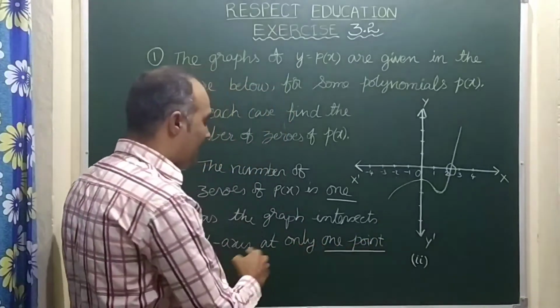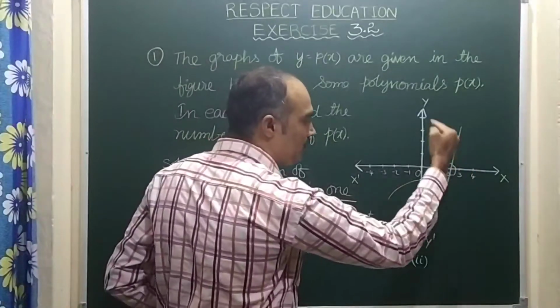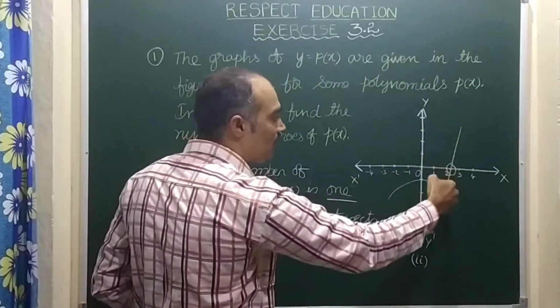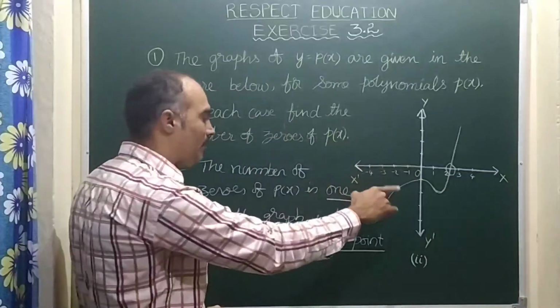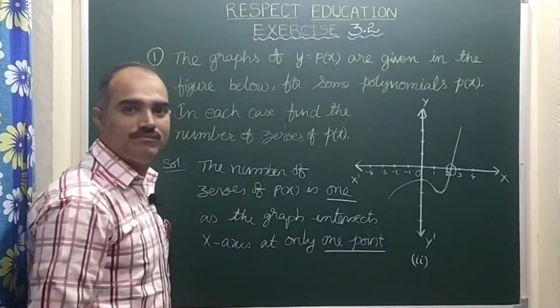As it intersects the x-axis at one point only, the polynomial has only one zero.